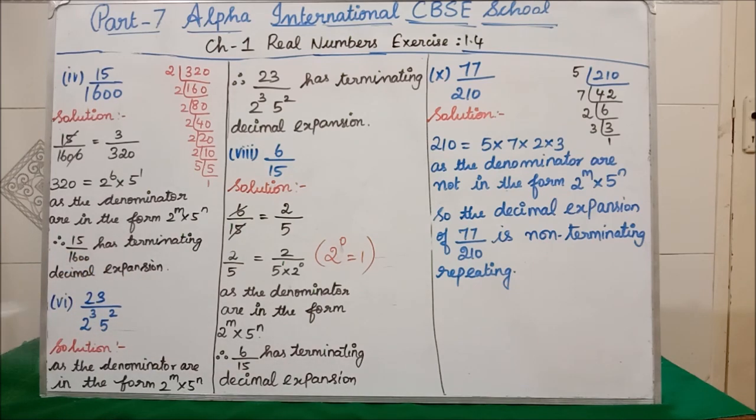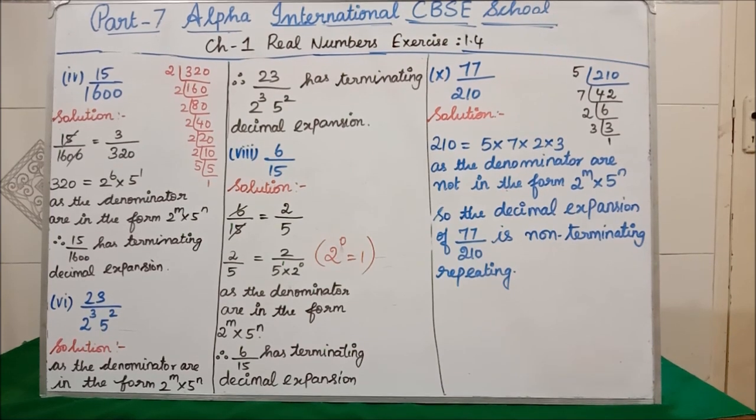Clear all of you? If you see the last 10th question, 77 divided by 210. So for the denominator part you have to do the prime factorization. I have done here. See here 5, 7, 2, 3 we are getting. So 210 is equal to 5 into 7 into 2 into 3.